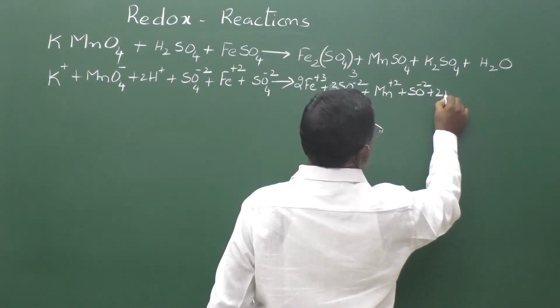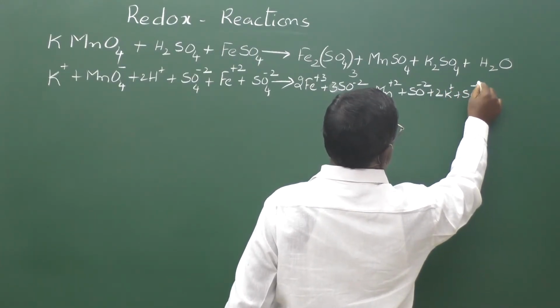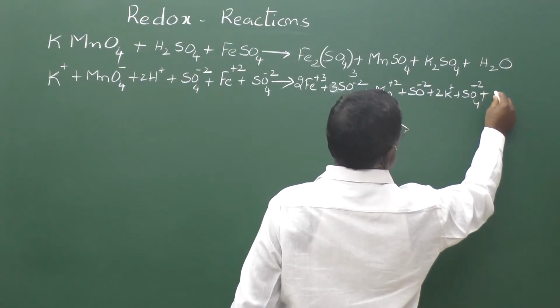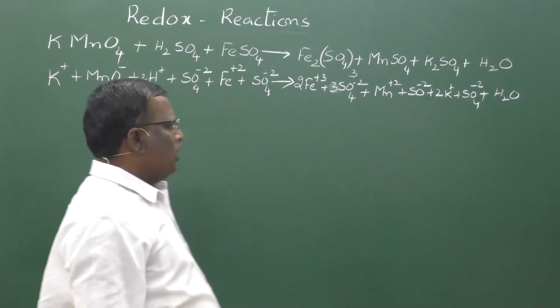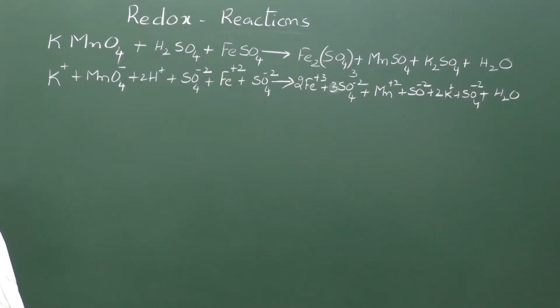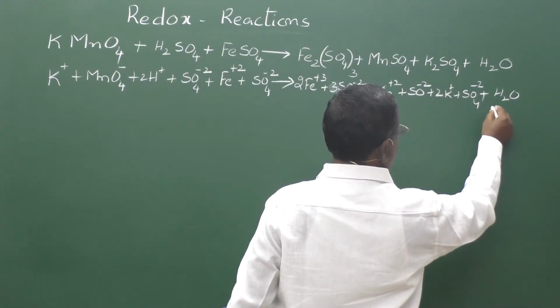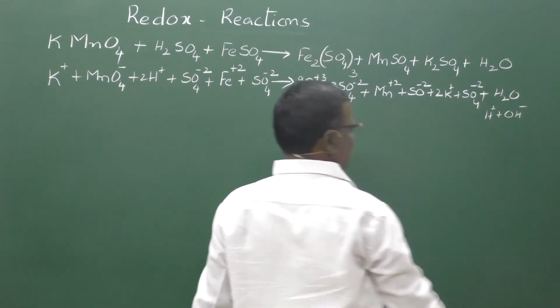K2SO4 will ionize as 2K plus and SO4 minus 2. Since H2O is a weak electrolyte, it will not ionize, it is in the molecular state only, though it could be seen as H plus and OH minus.